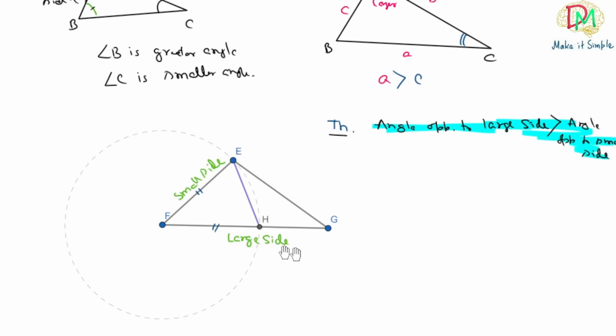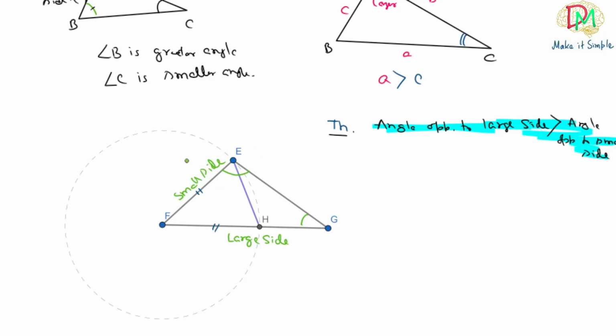For this, let's take one example. EFG is a triangle. Here FG is the larger side and EF is the smaller side. So we have to prove that angle E is greater than angle G. How can you do that?